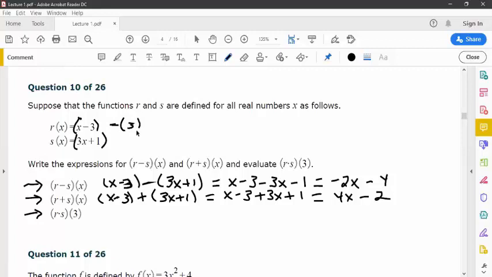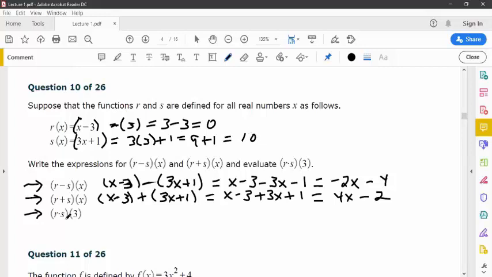So in other words, I can find r of 3. That means I'm substituting 3 in for the x, and that becomes 3 minus 3, which is 0. And I also can do it for s of 3. So the 3 is going to replace the x, so that becomes 3 times 3 plus 1, which is 9 plus 1, which equals 10.